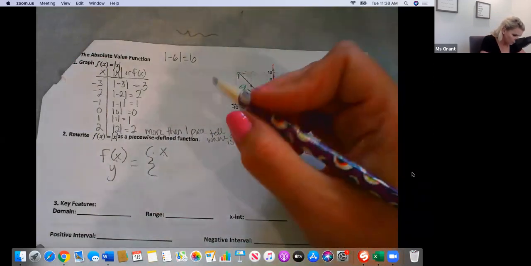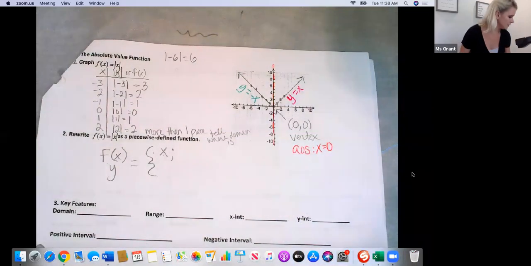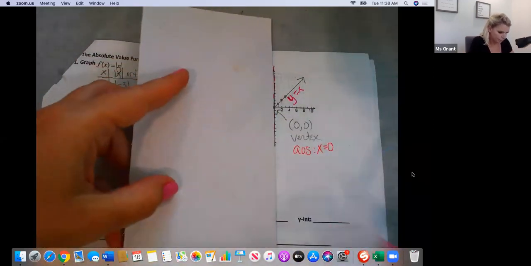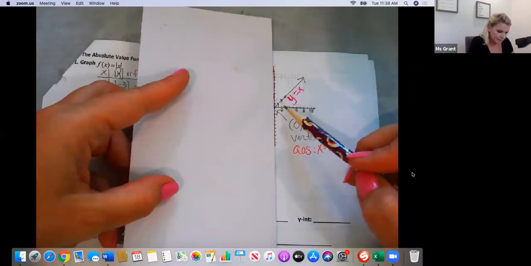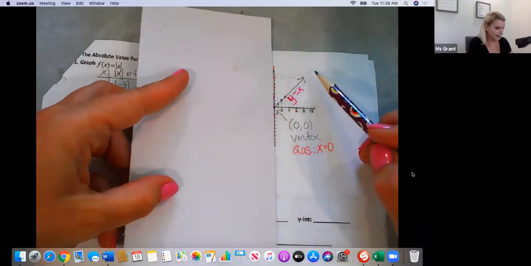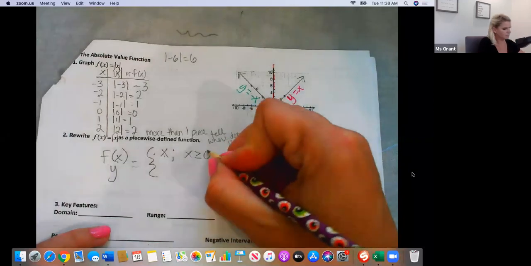I want to know, where is this, like where is it bigger than 0? So pink right here. On this pink line, I'm at 0 and then I go positive, right? So I'm going to say that x is greater than or equal to 0.